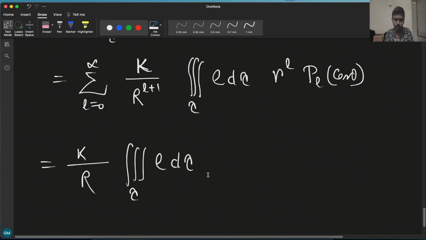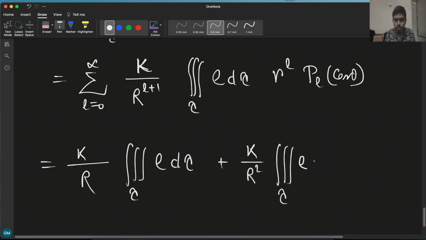So this is the L equals 0 term. Now the L equals 1 term: if I put L equals 1, that is k by R square, triple integral over tau of rho d tau, times r, and P1 cos theta. P1(x) is basically x, that means P1 cos theta is cos theta. So r cos theta, plus higher order terms, of the order of L equals 2 and higher.